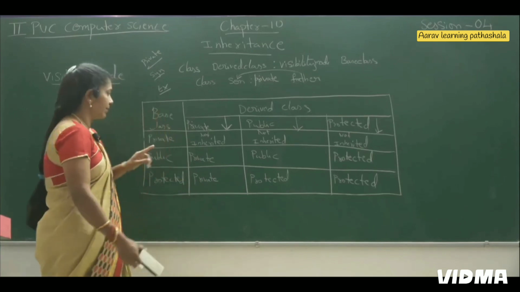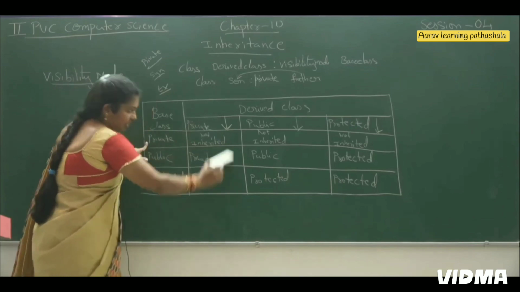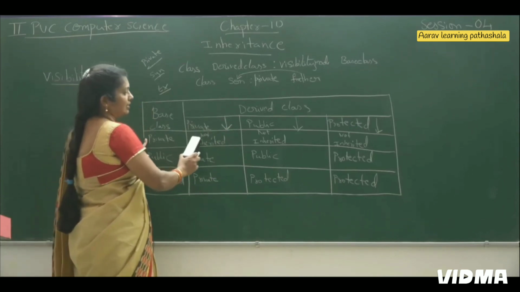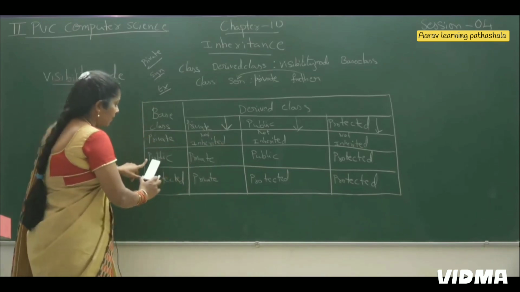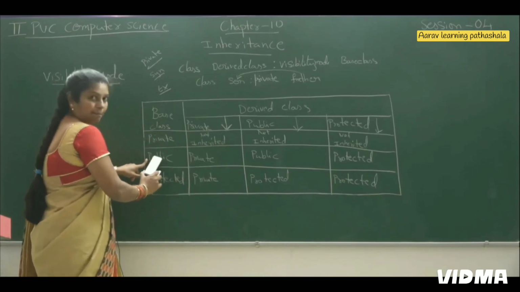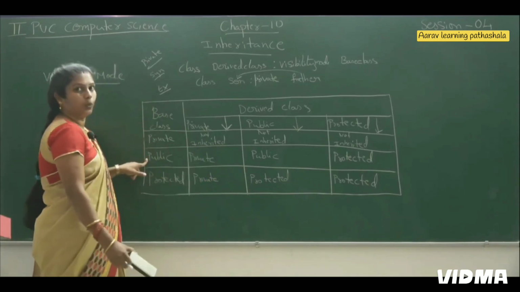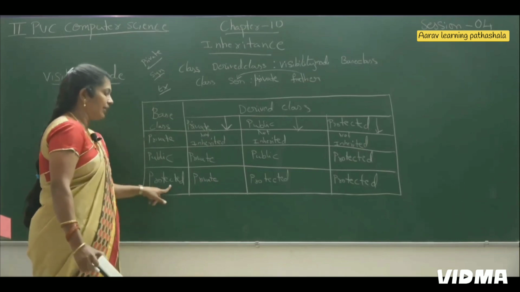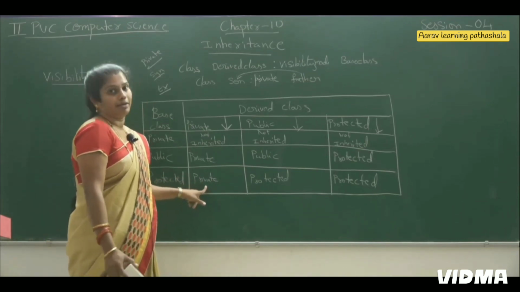Three concepts to remember, explained column wise. If the base class members are private, then in the derived class they are not inherited. If the base class members are public, then in the derived class they become private. If the base class members are protected, then they become private in the derived class.